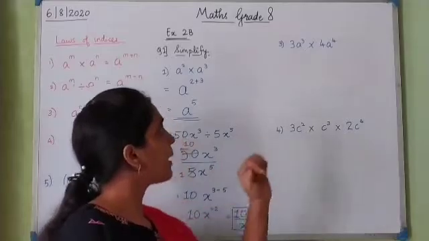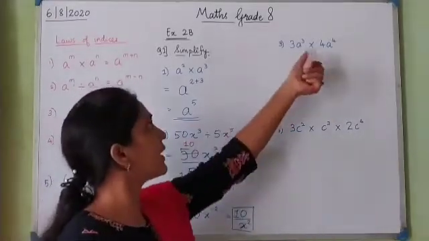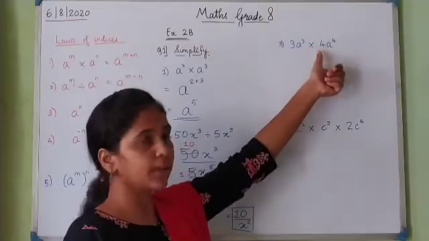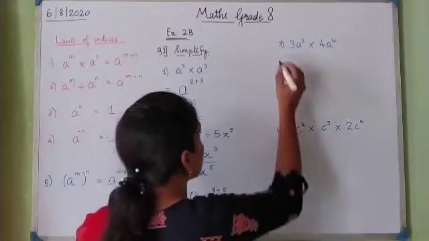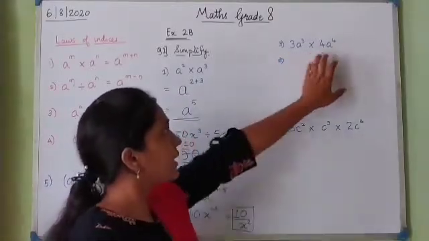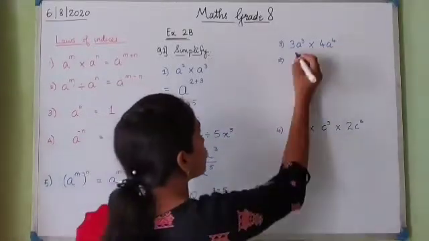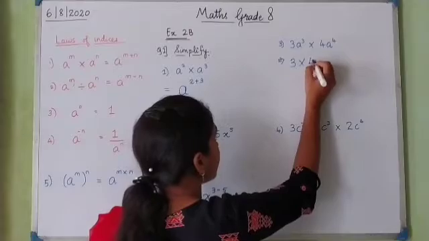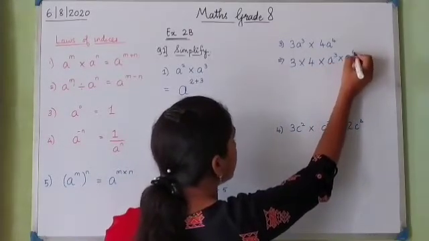Now we go to the third example. It is somewhat similar to the first one, only there are coefficients given. That means constants are also given. 3 and 4 are the numbers. So how do we multiply this? First we multiply the numbers and then we multiply the bases. So I write 3 multiplied by 4 multiplied by a raised to 3 multiplied by a raised to 4.